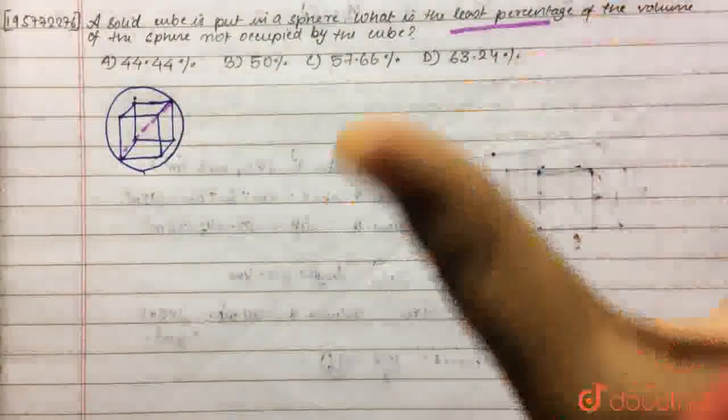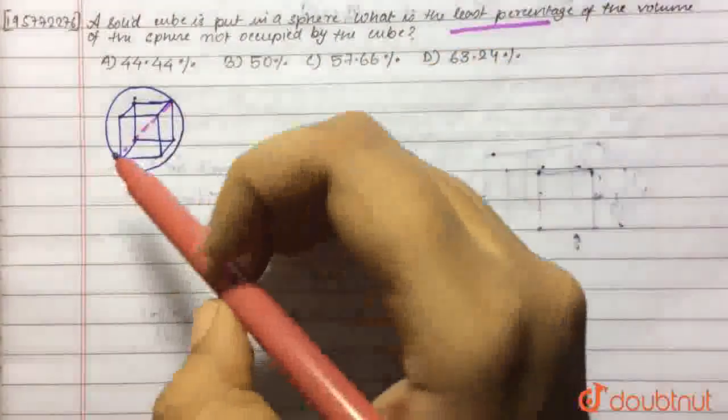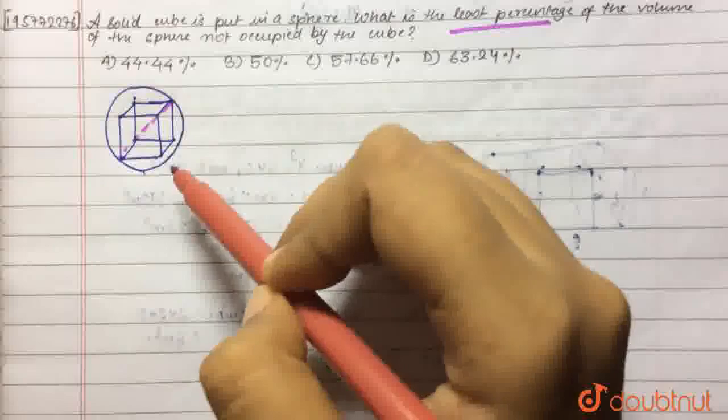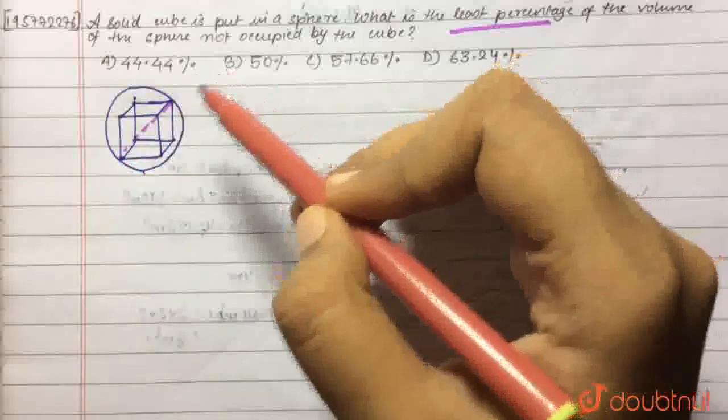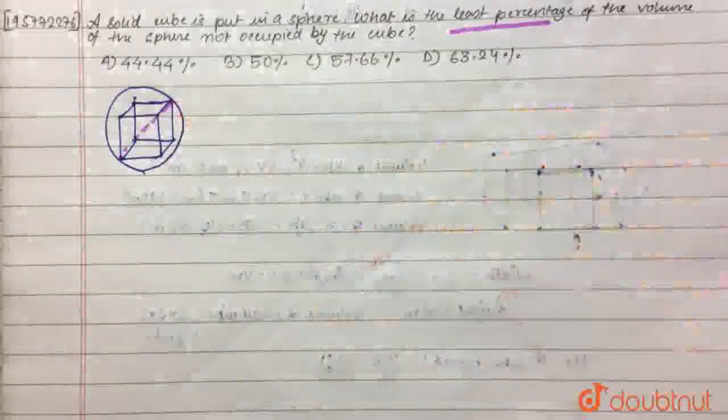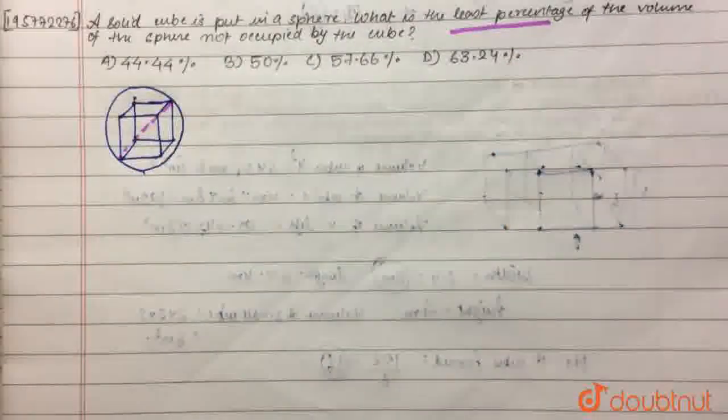The diameter is the largest dimension in the sphere, and for this cube to occupy the maximum volume inside the sphere, it needs to have the longest diagonal, which will be the diameter of this particular sphere, right? Now we will straight away dive into finding out the volumes.